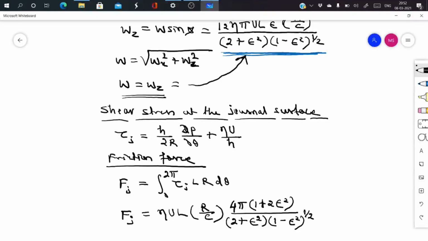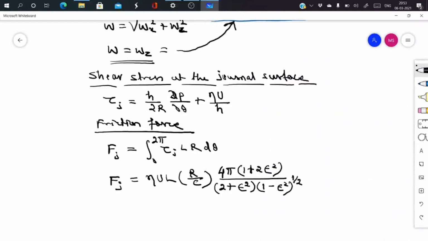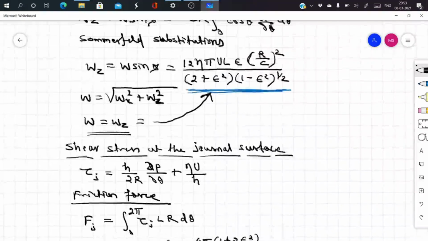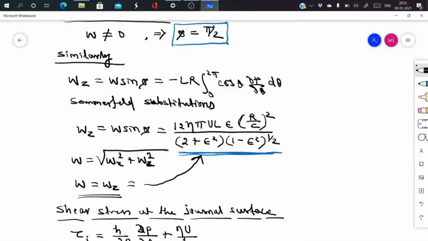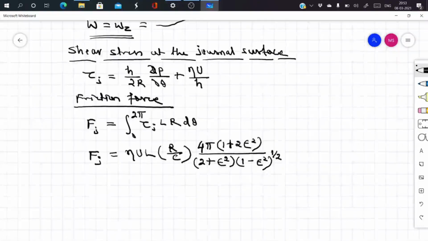Okay, so this is the friction force you will get if you integrate tau j. In order to integrate tau j, you have to substitute del p upon del theta, the way you have substituted it in this case. So you should be able to find out the friction force.